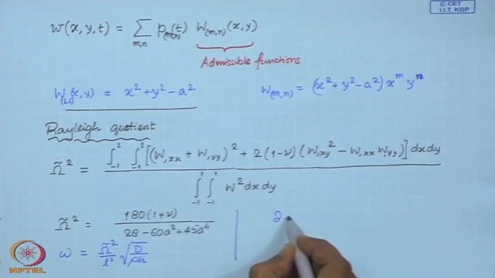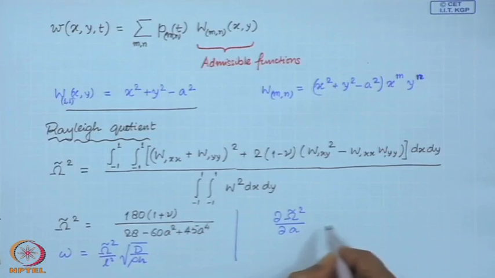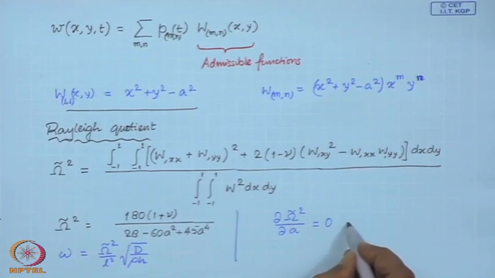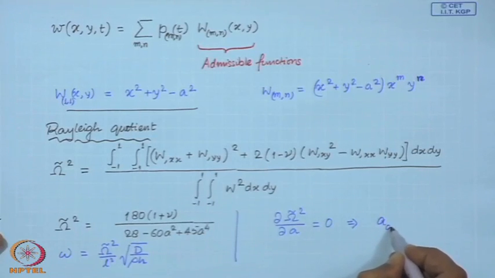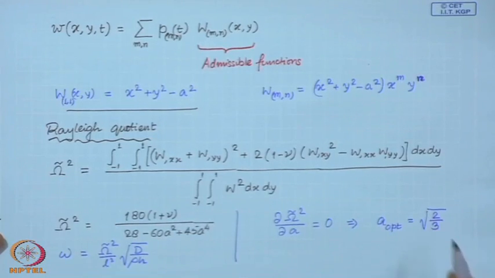So, to do that, you can make this stationary with respect to A, and that gives a value of optimal radius as square root of 2 over 3.